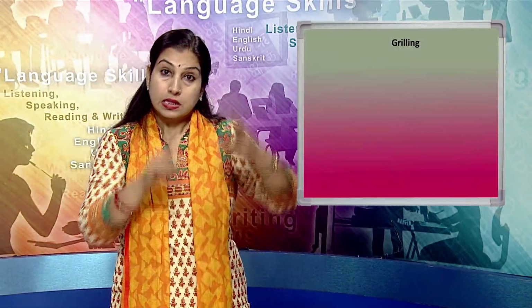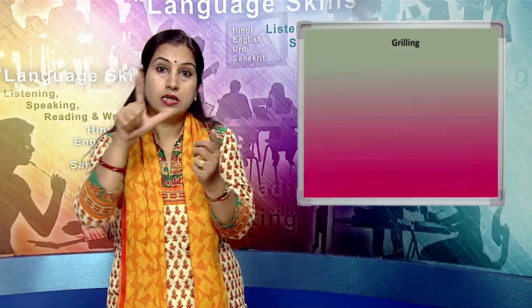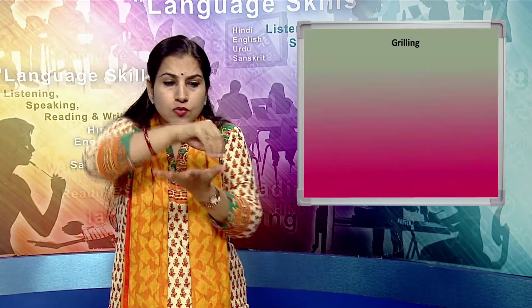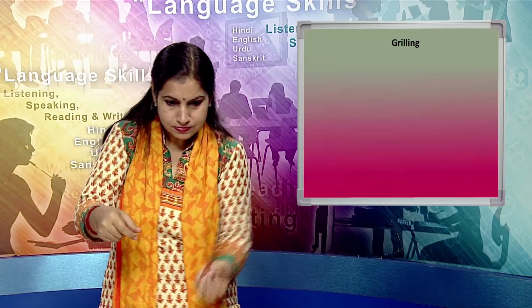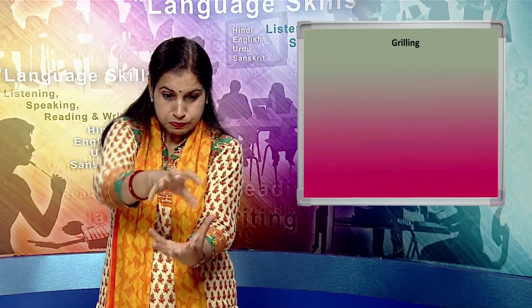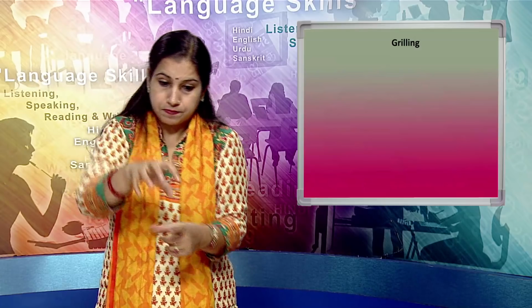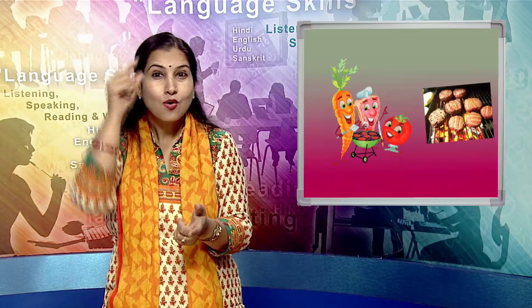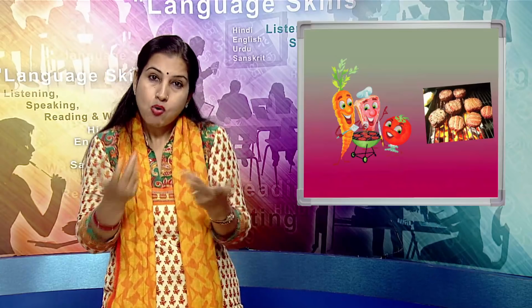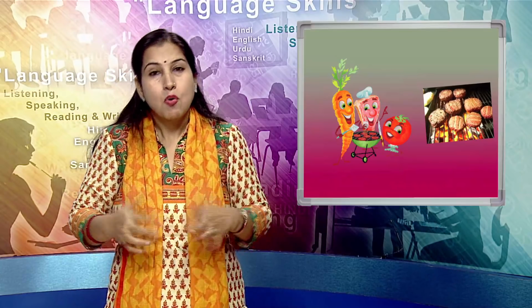The next point is grilling. Food is cooked by keeping it on an iron grid over a glowing fire and uses more indirect heat. Heat can be given by coal, gas, or electric medium.